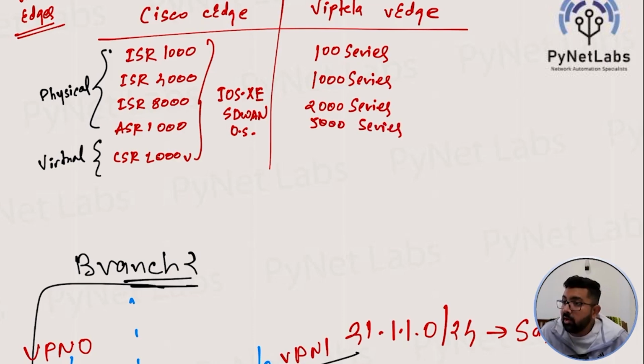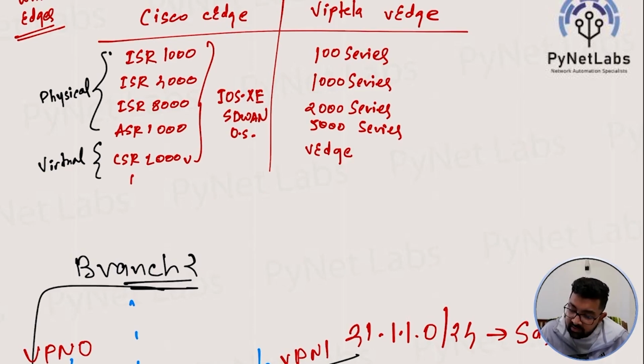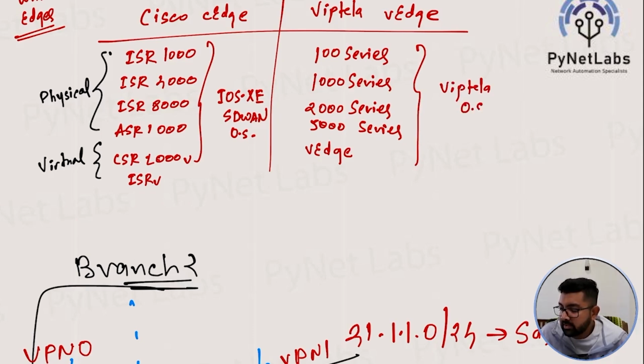Along with that, you also have the Viptela vEdge device. Oh yeah, Cisco also has something called ISR-V, which is virtual, right? That also runs IOS XE. So yeah. And these devices run the Viptela operating system, out of which these devices are physical, and these devices are virtual.